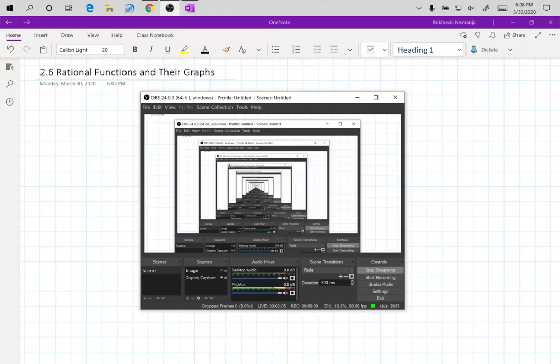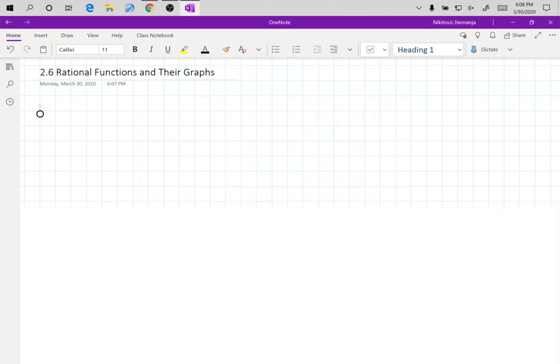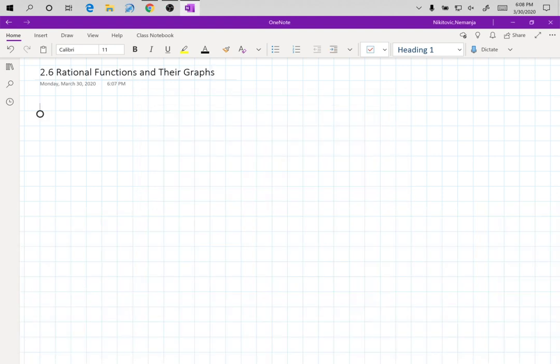Hello and welcome back to Precalculus 1. We have section 2.6 on rational functions. A rational function is a function which contains a fraction where you divide two polynomials.